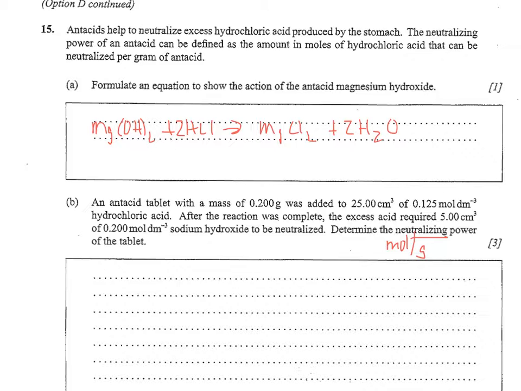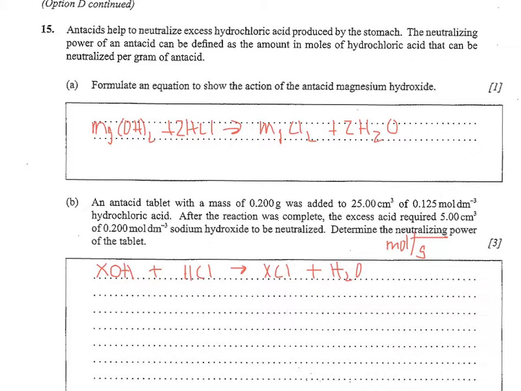So first of all, if I set up an equation, I have some antacid, so some metal X with OH, and it really doesn't matter if it's X(OH)2 or X(OH)3 because the molarity is going to work out the same. I have HCl combining with that to give me a salt and then the H2O.